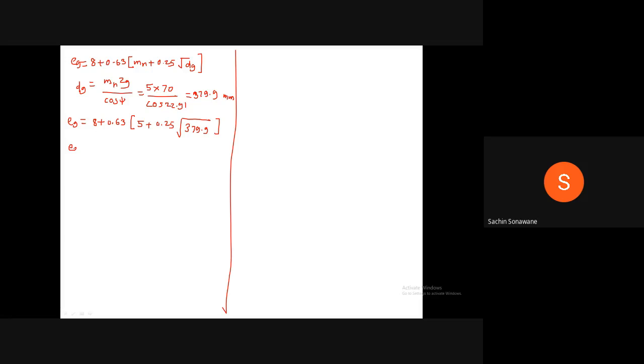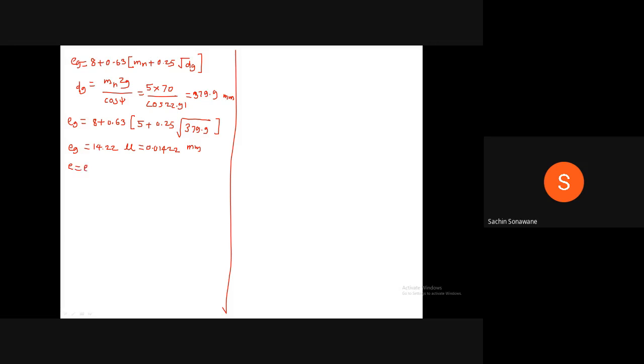Therefore eg is equal to how much? 14.22, means 0.01422 mm. Therefore calculate total error.